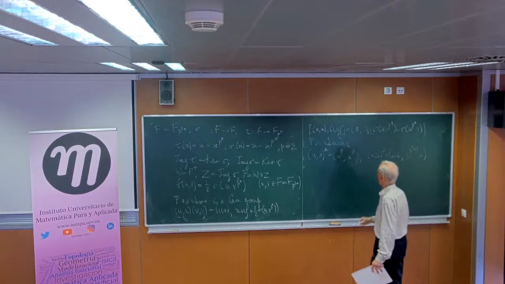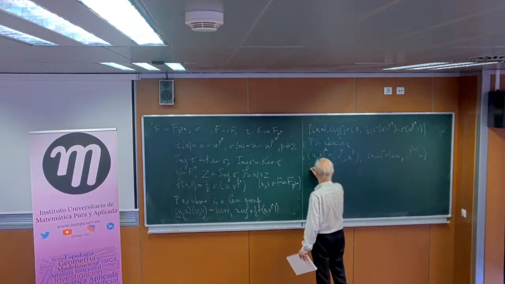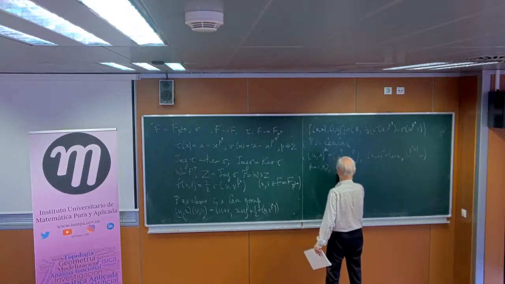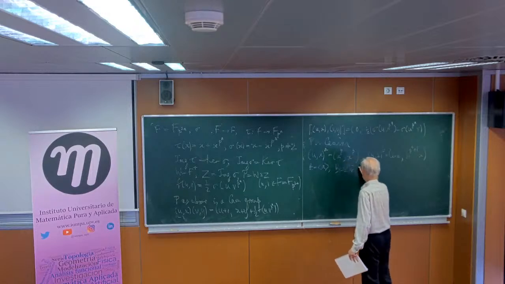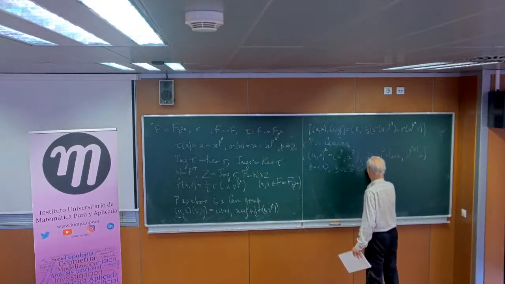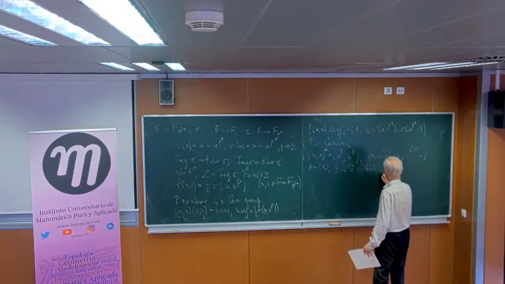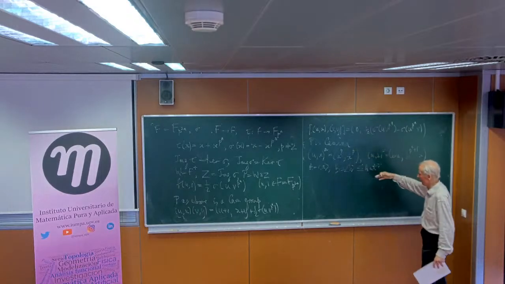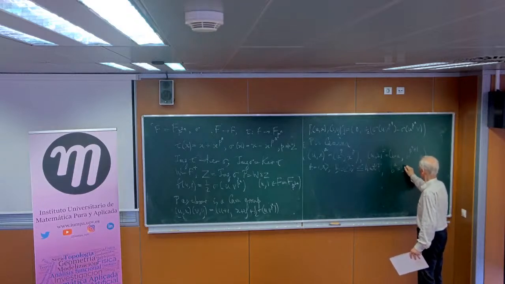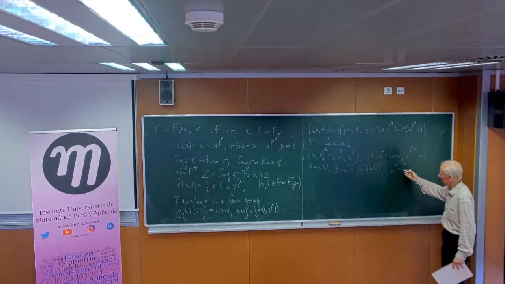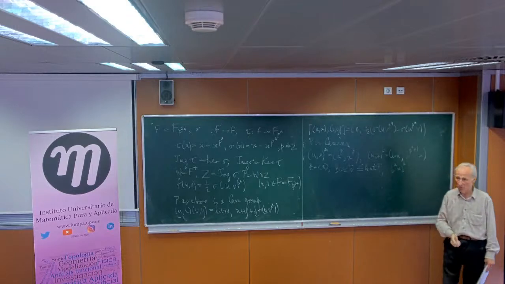So these are automorphisms. So A equals A and B equals B are contained in the automorphism group of P, and they behave so B to the A equals B to the P, and they act on W in the same way as they did before. Right?